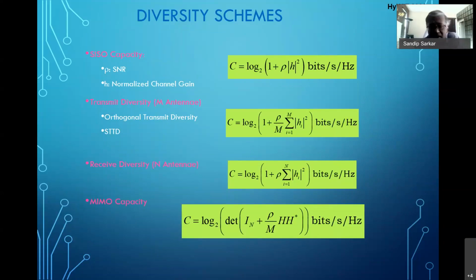Yet, for the most part, you will see that the initial transmission systems only use transmit diversity and not receive diversity. Why is that? Well, essentially because all the MIMO was done on the downlink, not on the uplink. On the downlink, your transmitter is the base station, your receiver is the mobile station. And mobile station cost is dominated by the RF chains.